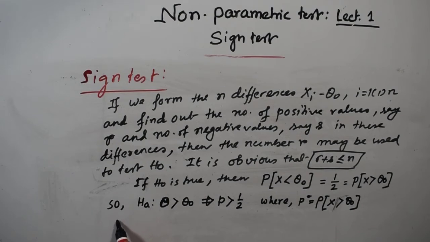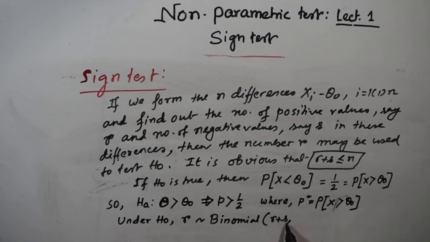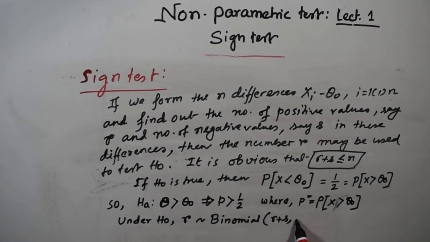And under H naught, R follows binomial distribution with number of trials R plus S and success probability half.